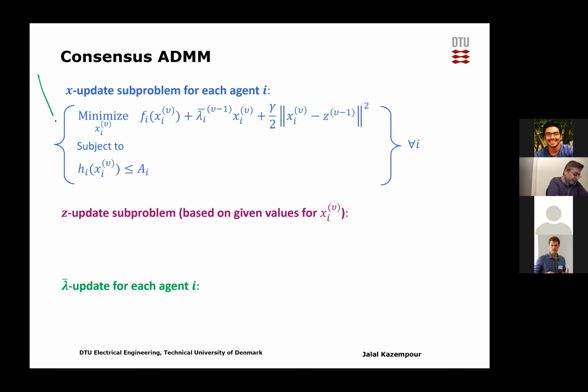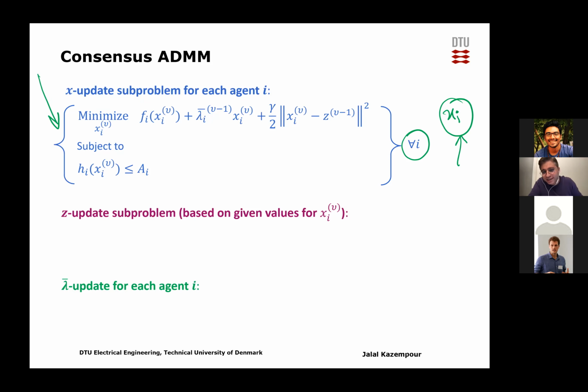So this will be our x update problem, one per agent. Each agent is solving for their own xi. So as you see, though x originally was a common variable, now iteratively, at each iteration, each participant makes her own decision about xi.